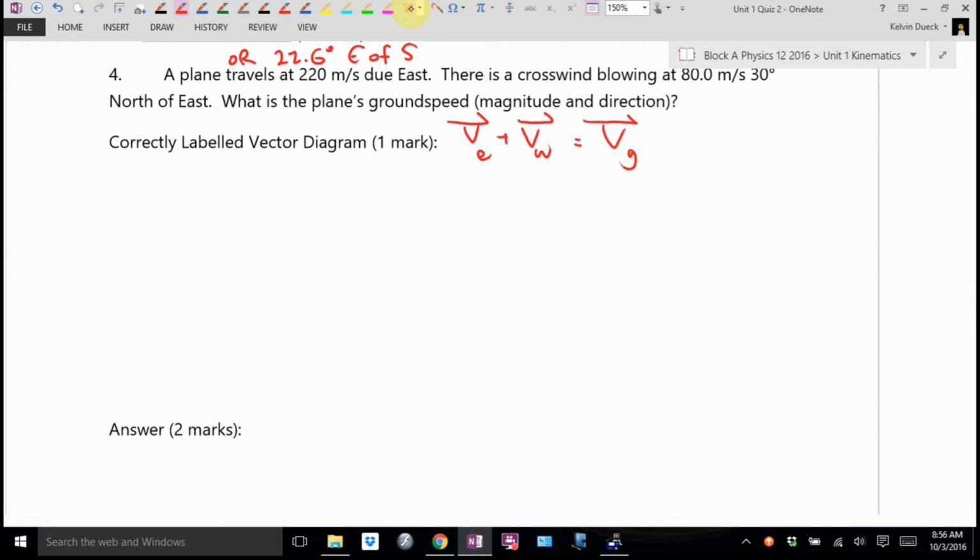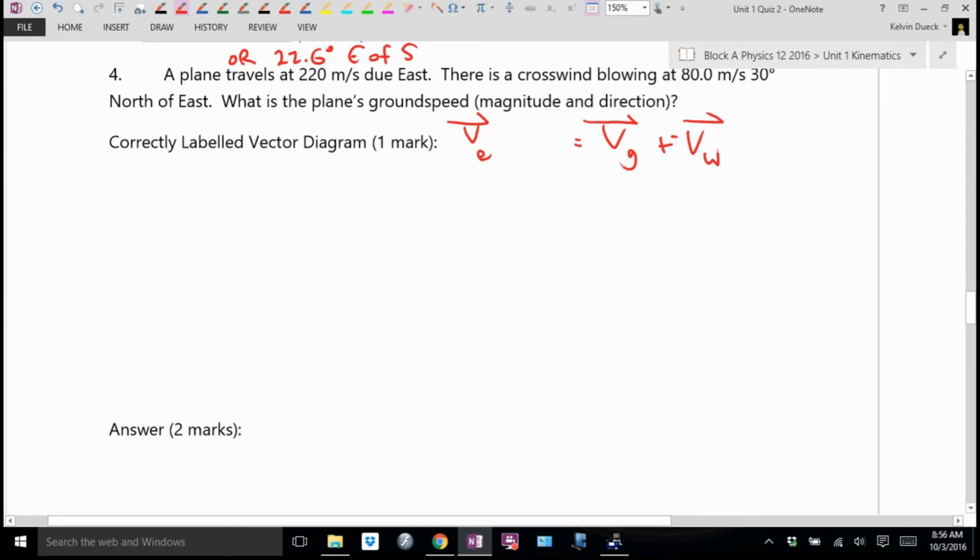By the way, what if I wanted to find, for example, the engine speed? What if I wanted to get this by itself? How would I move this over? Subtract, and you would end up, just as a nerd moment, with that. And how do you subtract vectors? You don't. You add the opposite.